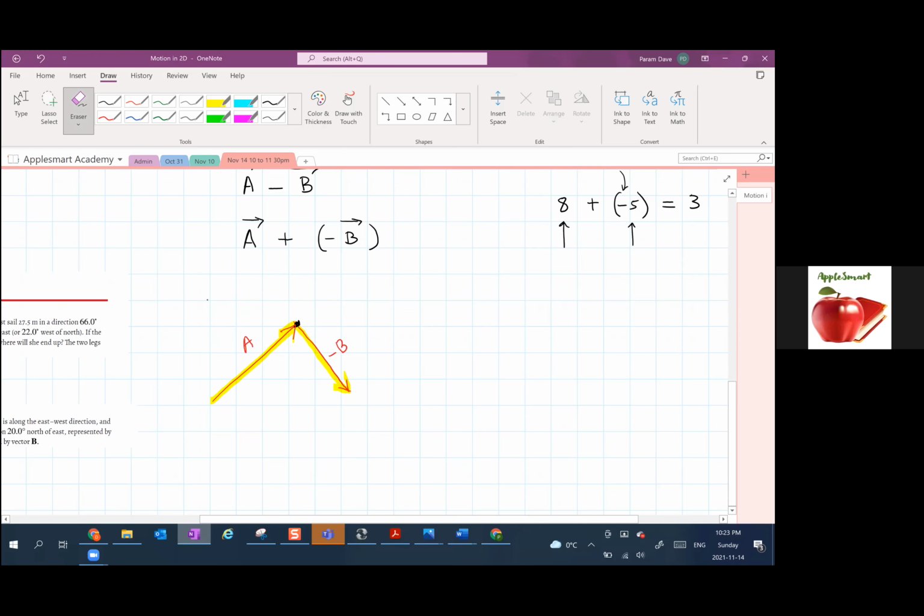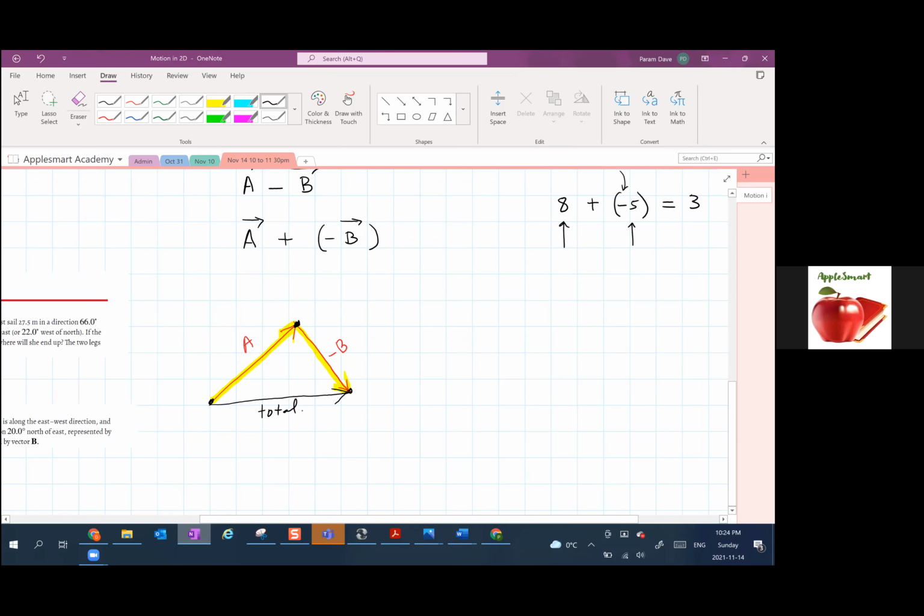That would help me to find out negative B. And now how do I find out the resultant? Well, I go from tail of the first one to the head of the next one. So I'm ready to draw my resultant vector. Okay, that's my resultant or total. So this is how you would do vector subtraction.